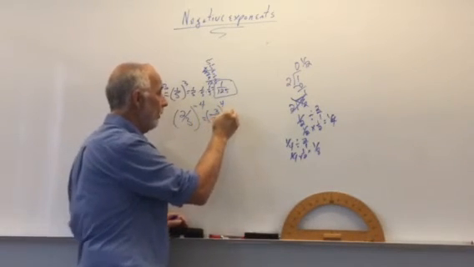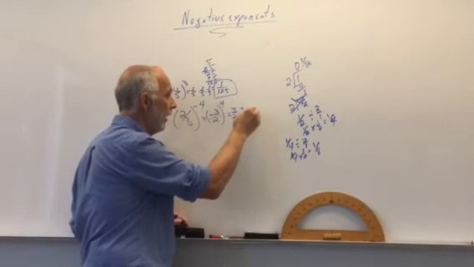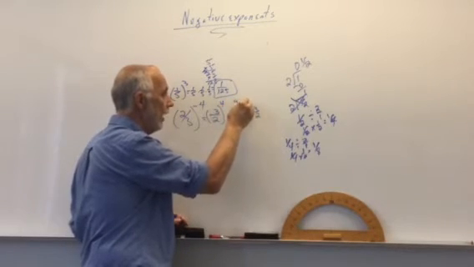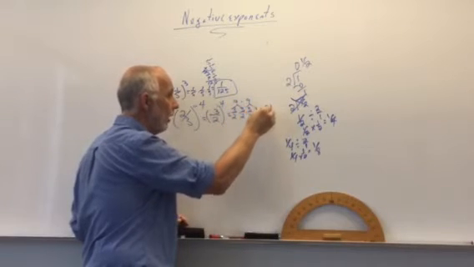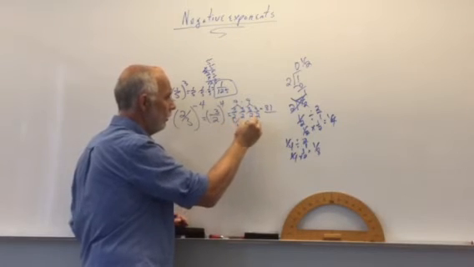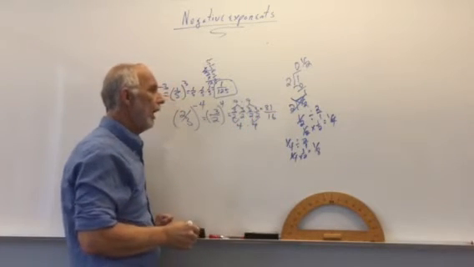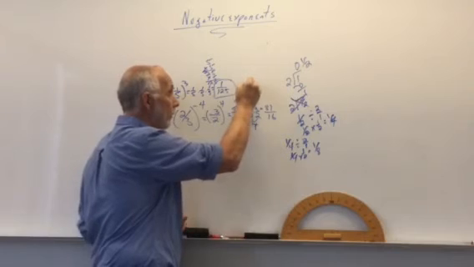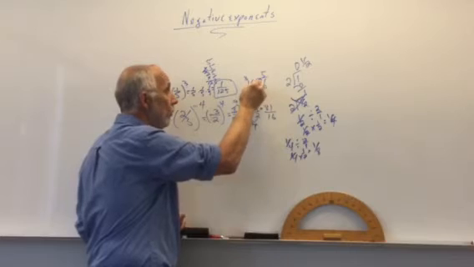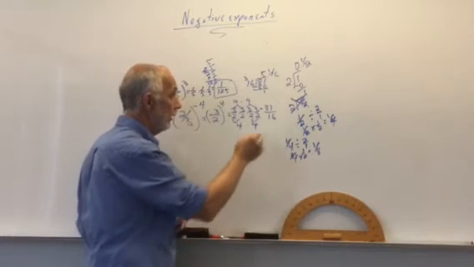And 3/2 to the fourth power means 3/2 times 3/2 times 3/2 times 3/2. 3 times 3 is 9, 3 times 3 is 9, 9 times 9 is 81. 2 times 2 is 4, 2 times 2 is 4, and 4 times 4 is 16. And what's wrong with 81/16? It's improper. So divide 16 into 81, it goes 5 times with a remainder of 1. So you get 5 and 1/16.